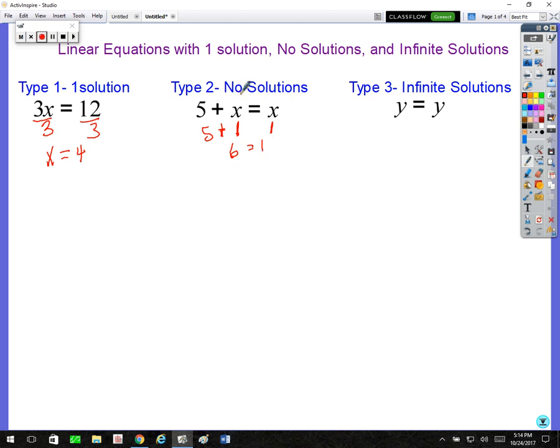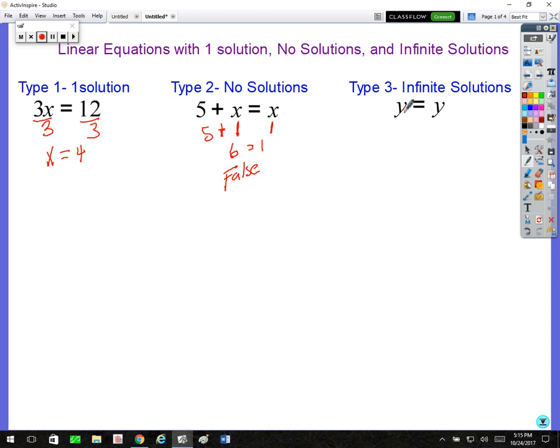Something here that's a no solution is actually always going to work out to be a false statement. Okay, it's not going to be true. There's not a number that I can plug in to make that true. Now, infinite solutions on the other hand, remember your left side is going to look exactly like your right side. If I plug in a 1 here for y, and I plug in a 1 here for y, 1 is going to equal 1.